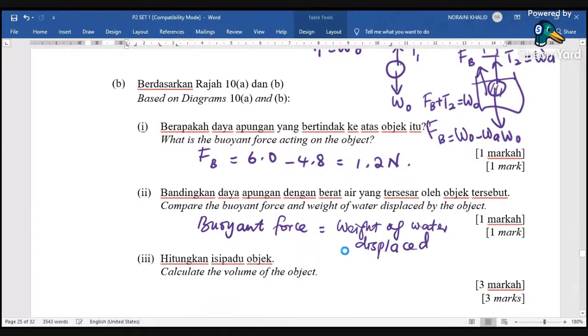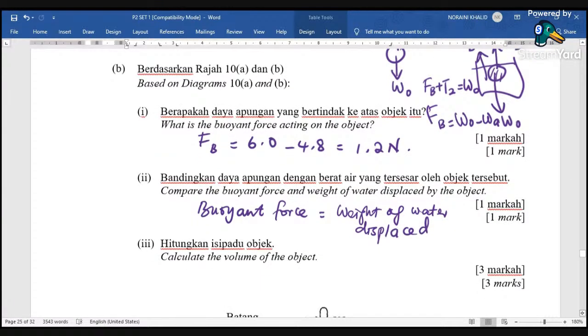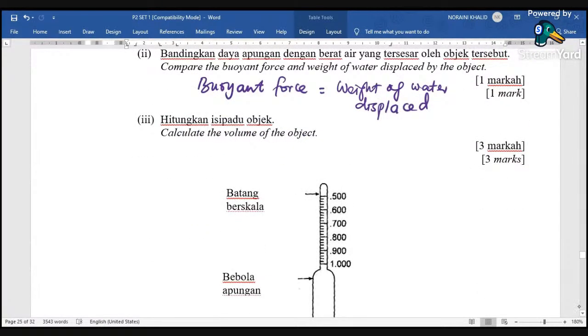So we're going to use this relationship to find the volume of the object. Because the object is fully immersed, the volume of the object equals the volume of water displaced.